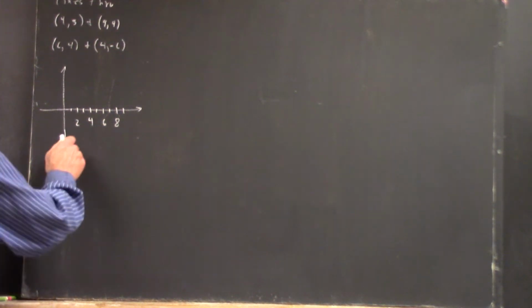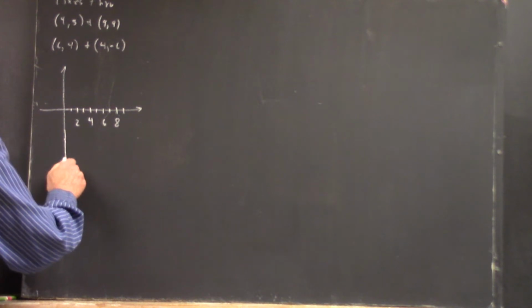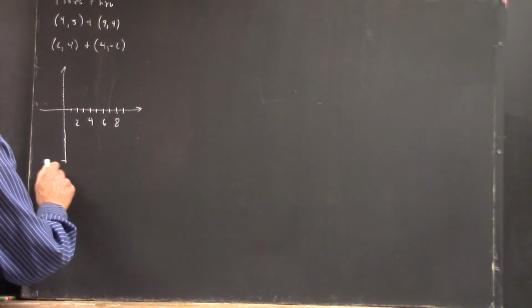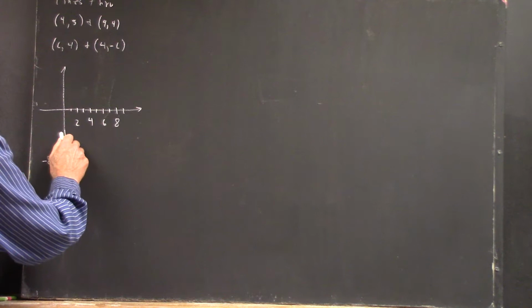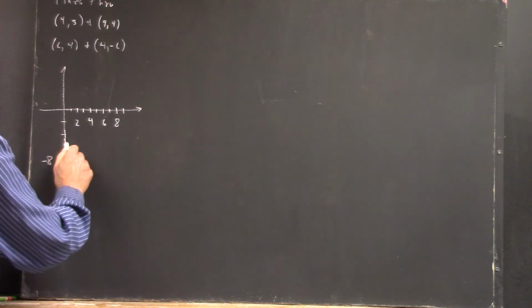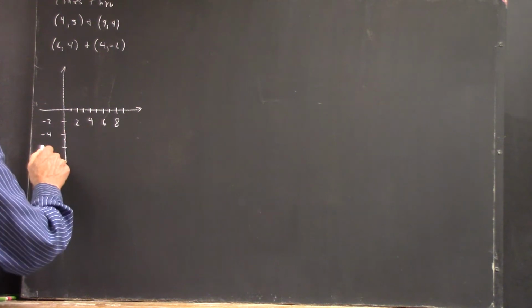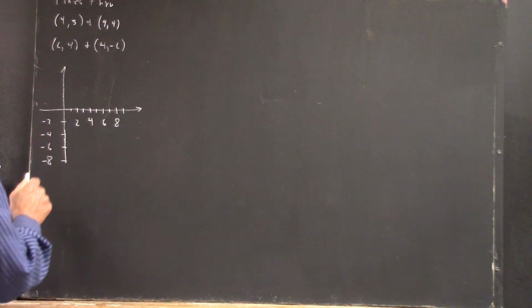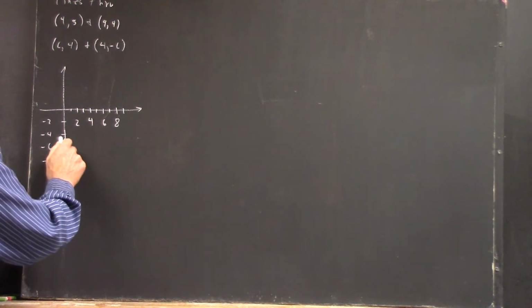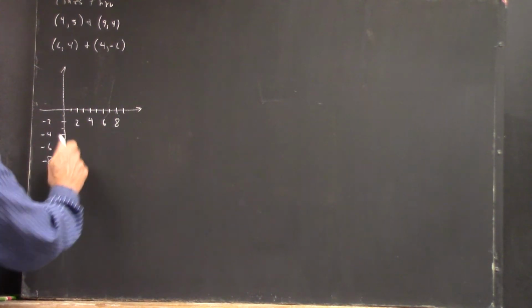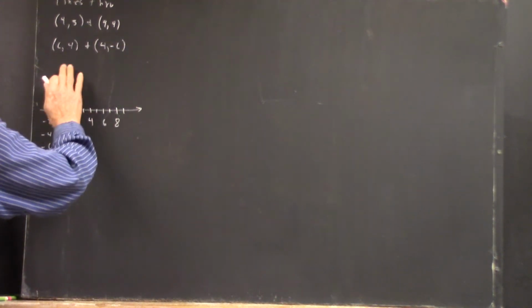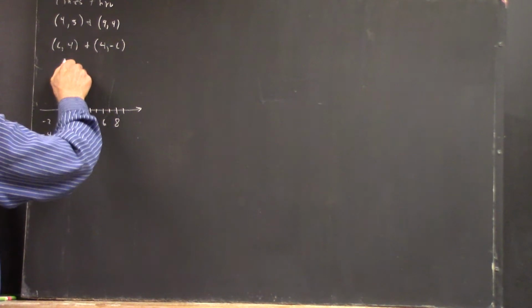Okay, then here we've got to go down to negative 6, so I'll go all the way down to negative 8 and do the same thing. And then I'll go up to positive 8, which means I'm going to have to extend my axis up here a little ways.